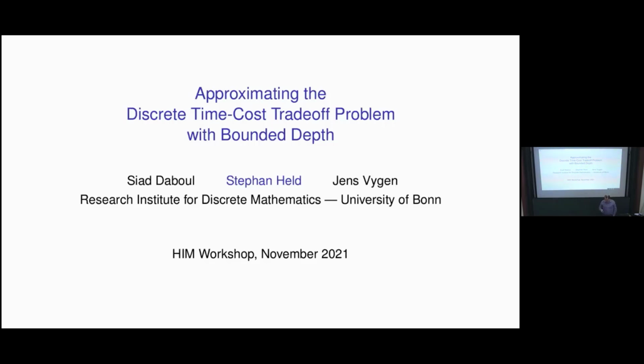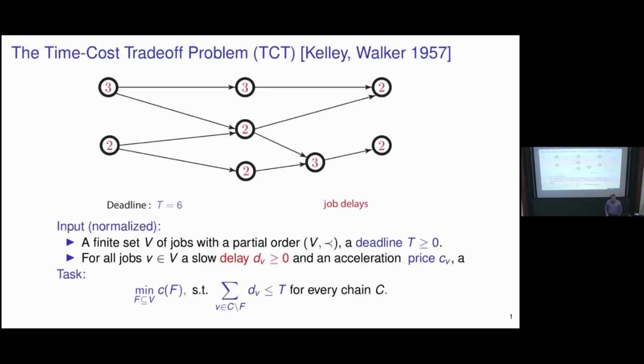So let me define the problem, and we'll need to define it in a simplified way. We are given a partial order, which we can represent by some acyclic diagram, and each element in this set that is partially ordered corresponds to a job that we have to perform.